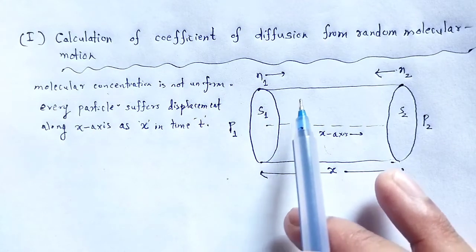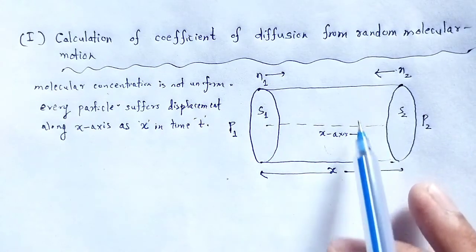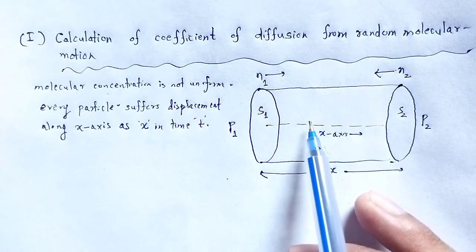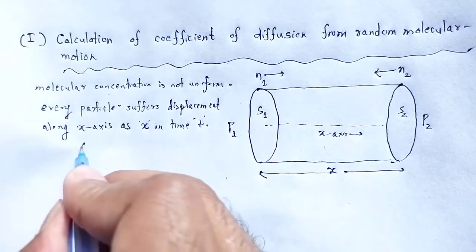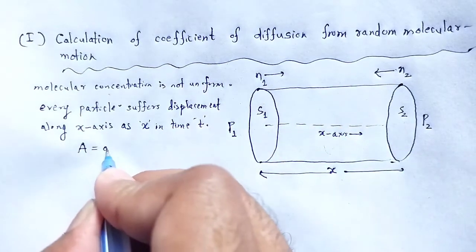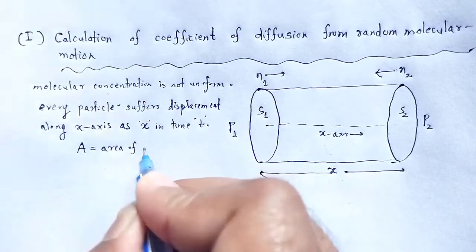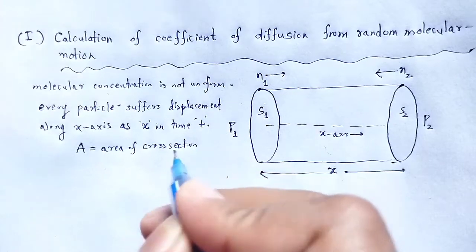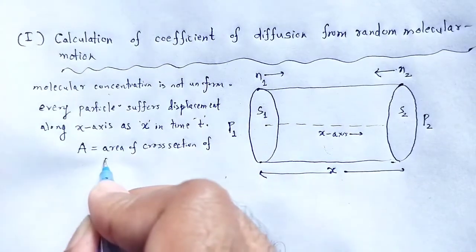Let us consider a cylinder with its axis parallel to the x axis, and let A be the area of cross section of the cylinder.